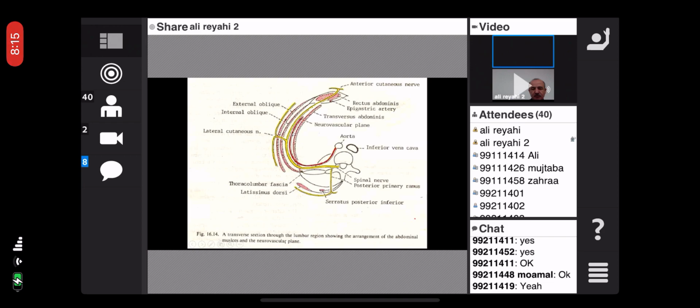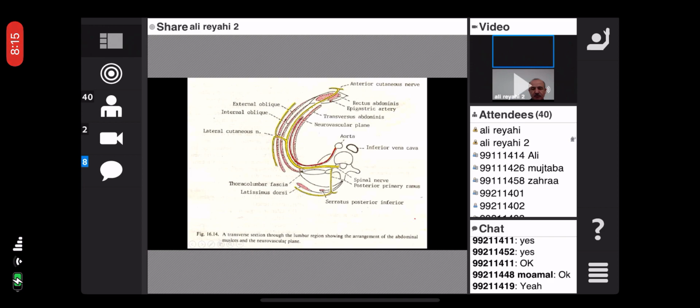Look at here. This is a transverse section in the abdomen. Okay, and you can see 3 layers of muscle: external oblique, internal oblique, and transverse abdominis. And here you can see the spinal nerve. Each spinal nerve exits from the intervertebral foramen, and it has a posterior ramus for the skin and muscle of the back and the anterior ramus.